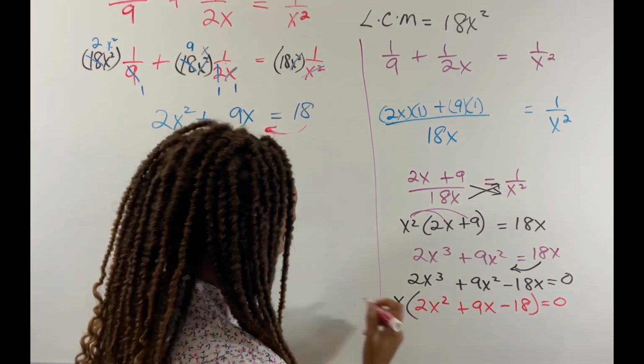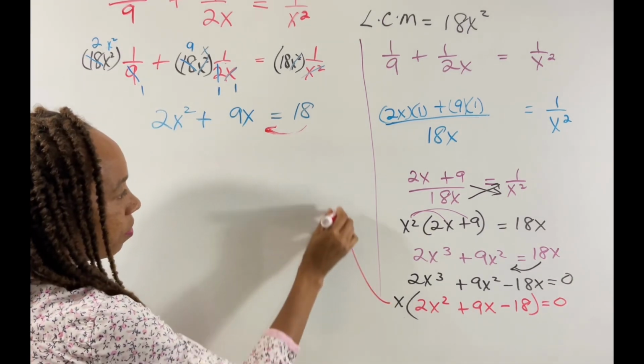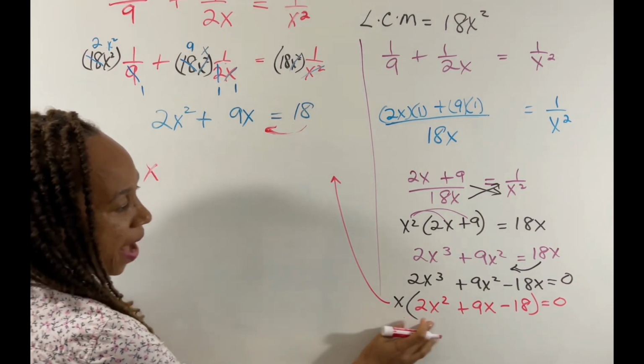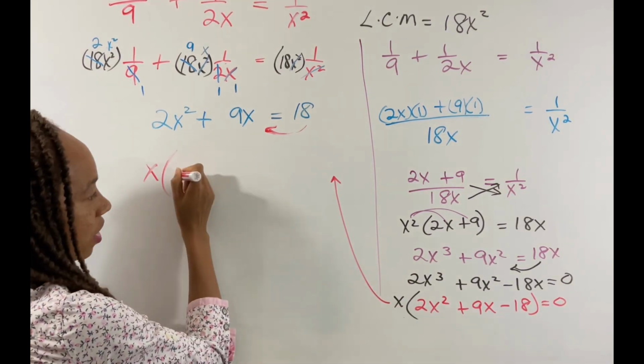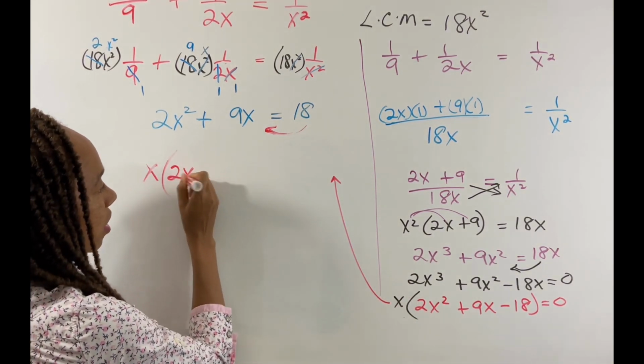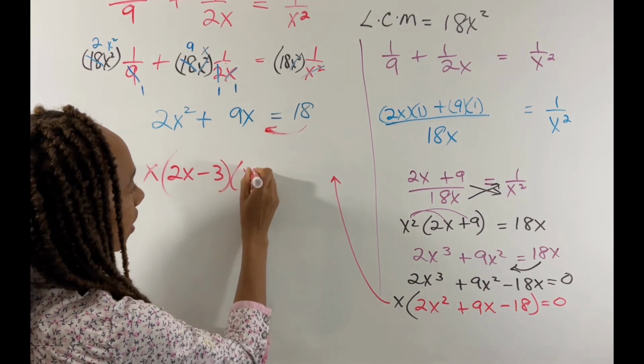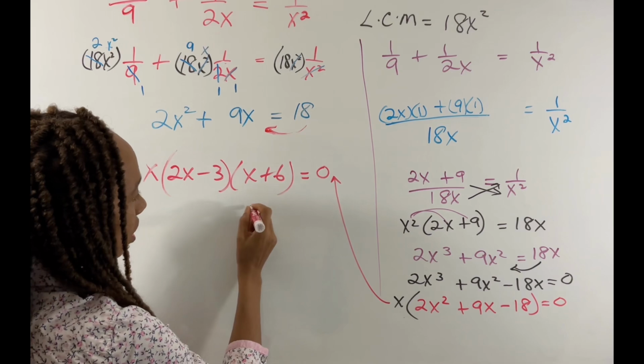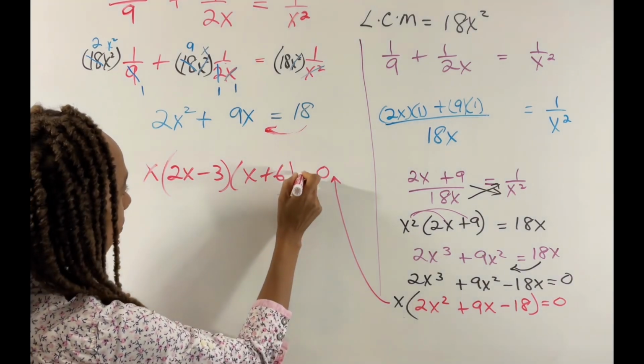So I'm going to have here, bring it up here. So now I have x. We are going to factor this out again, and we will end up with 2x minus 3 and x plus 6, and all of that is set equal to 0. All right, that's what we have.